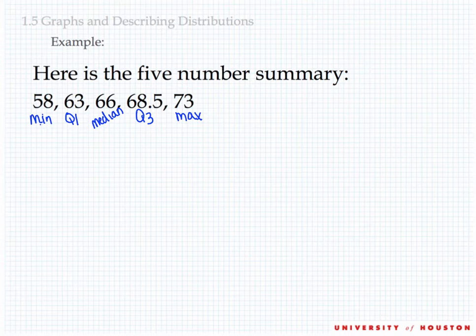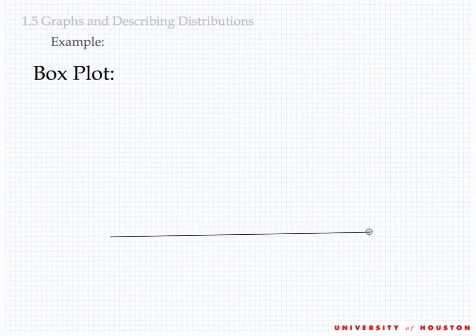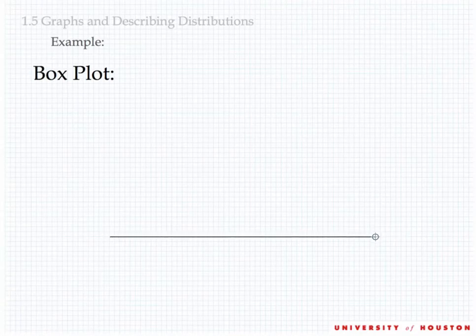So let's create a box plot for this data. First we need an axis, and I'm going to create a horizontal axis. And I'm going to put my 5-number summary on here.